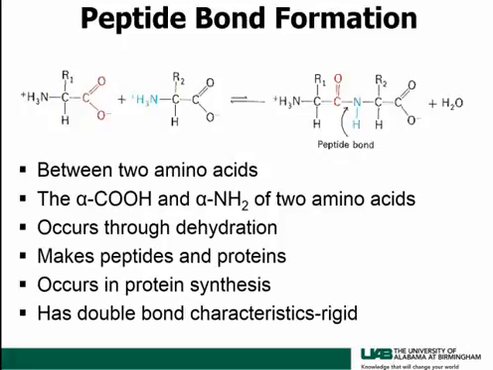In order for them to link into a polymer of amino acids to make proteins, you must generate a peptide bond between a chain of amino acids. Now, the peptide bond is a single bond right here, but it doesn't move around freely, and the reason for that is it has double bond character right here. It's not truly a single bond, it's not truly a double bond, but it's somewhere between a single bond and a double bond.